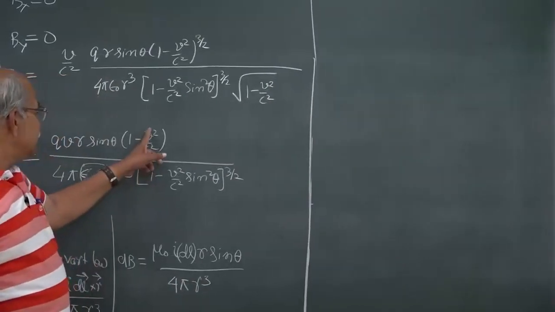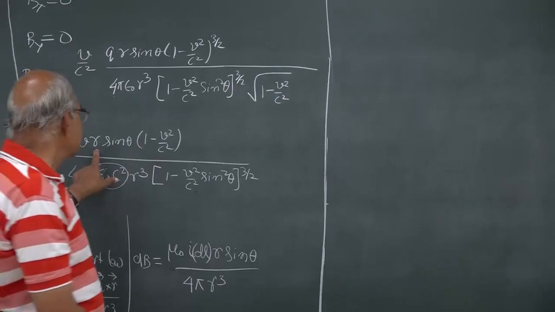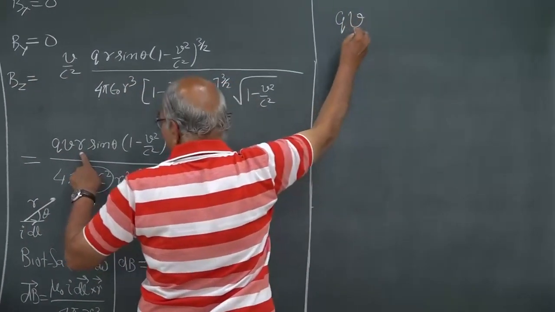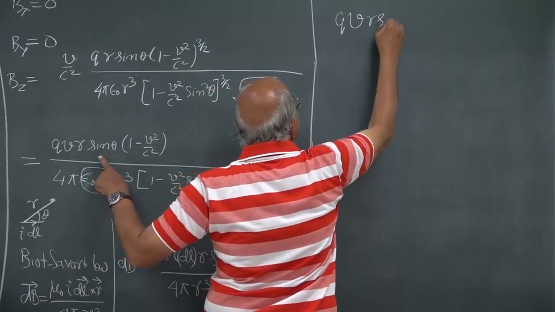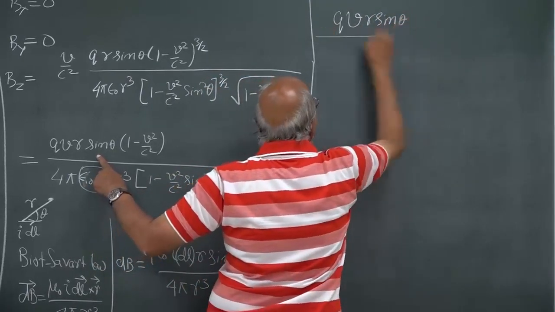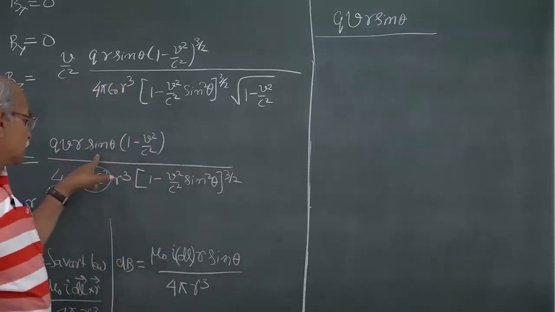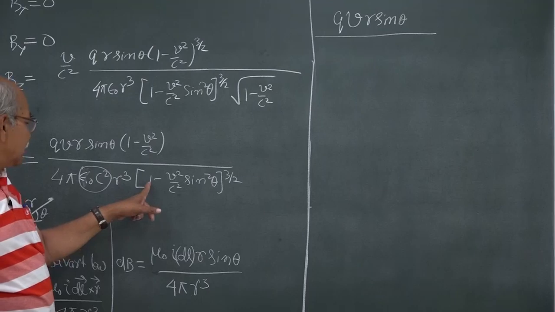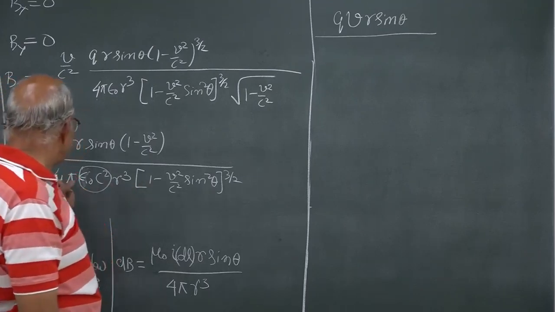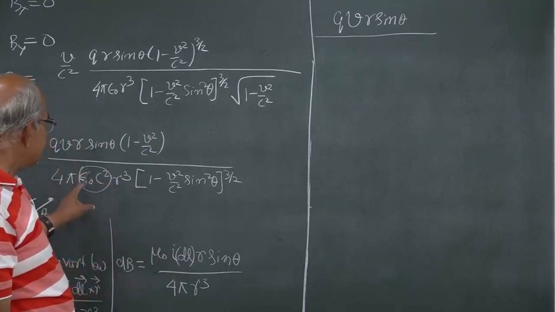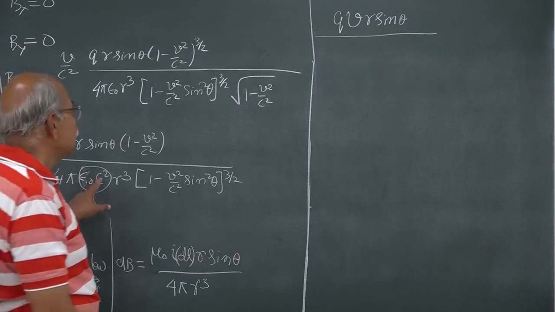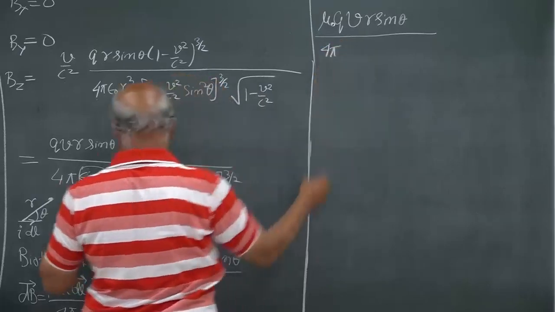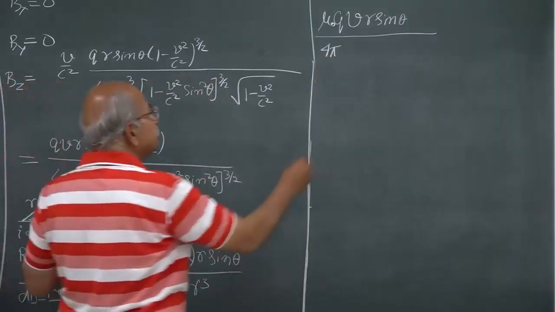You can neglect this v square by c square here, and then it will be q into v into r sin theta divided by, here also it is v square by c square, so you can neglect that in comparison to 1, and then it will be 4 pi epsilon naught c square. 1 by epsilon naught c square you can write as mu naught. So, it will be mu naught here and 4 pi r cube.